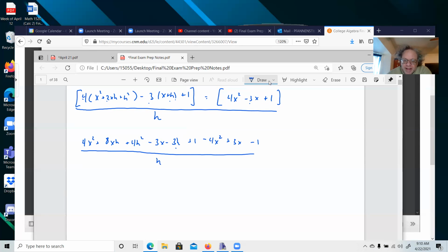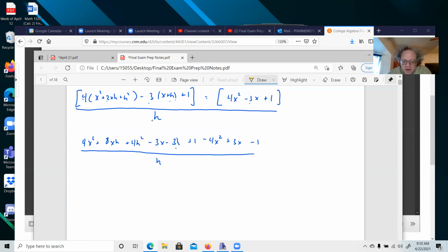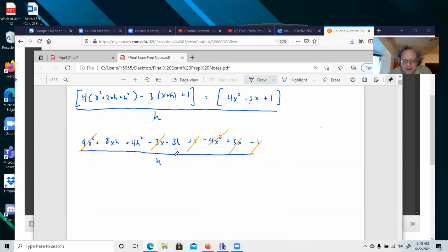Now there's some stuff that cancels. If you've made it this far, there's a lot of stuff that cancels. We have a negative 4x squared, a positive 4x squared, a negative 3x, a positive 3x, a 1, and a negative 1. So cancel all the stuff that can possibly cancel, and then we write down the rest. We have 8xh plus 4h squared minus 3h all over h.